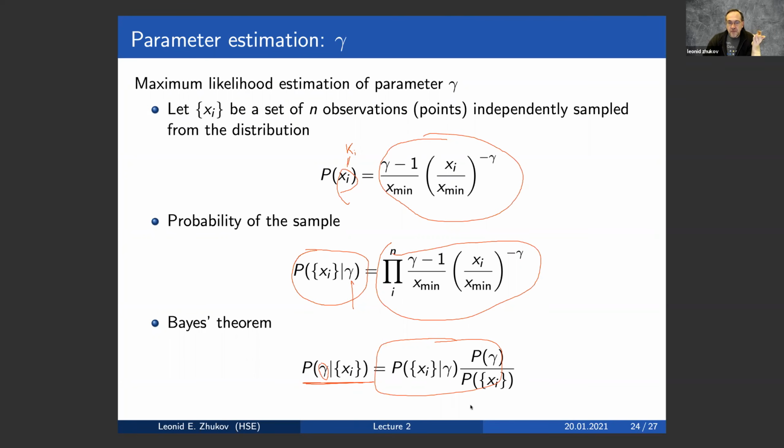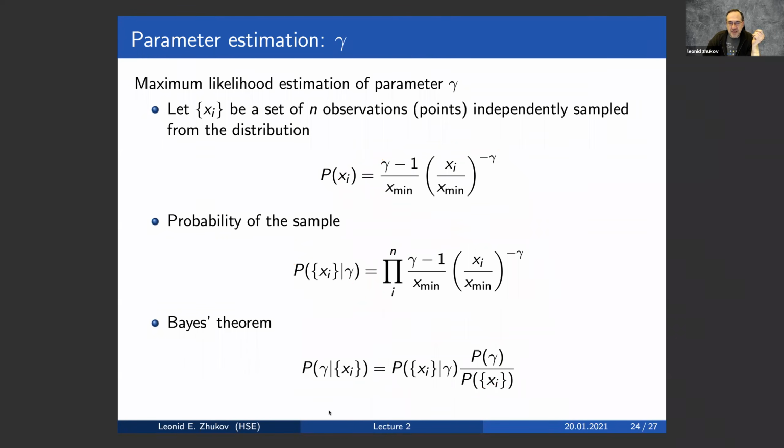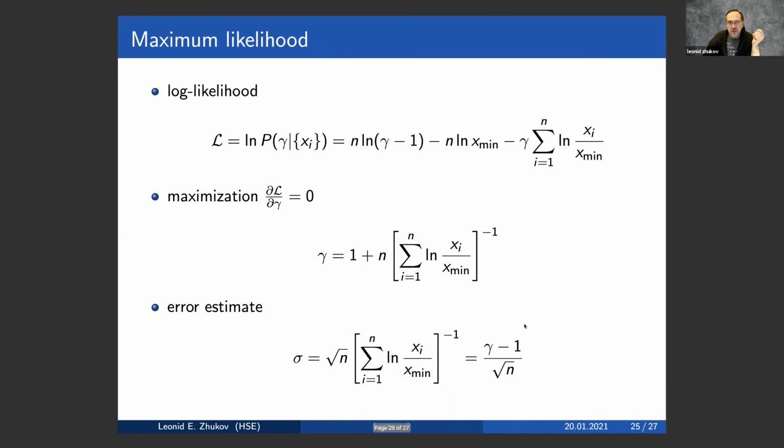My next step is very simple: I take the log likelihood, the logarithm of this, and differentiate it with respect to the parameter gamma. And if I differentiate it with respect to gamma, I get the formula for it. I can also estimate the error here.